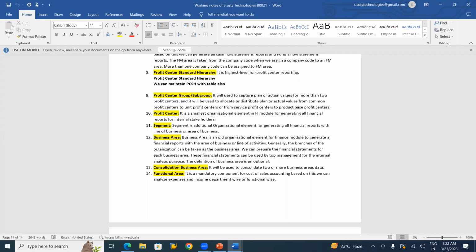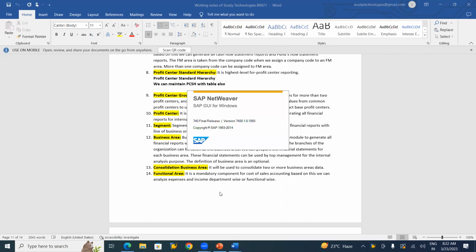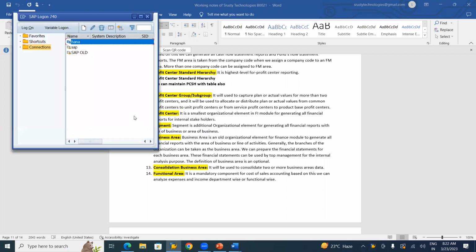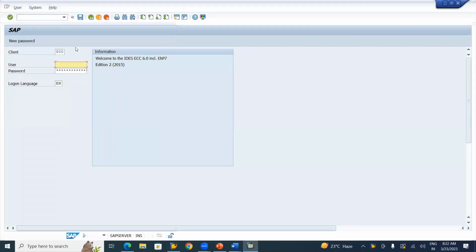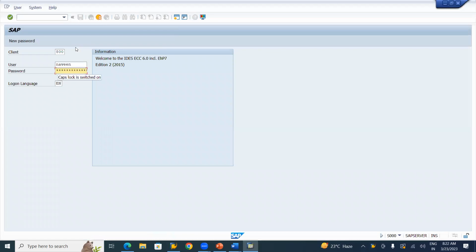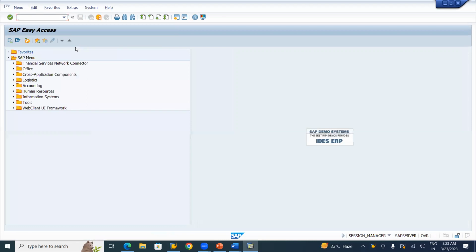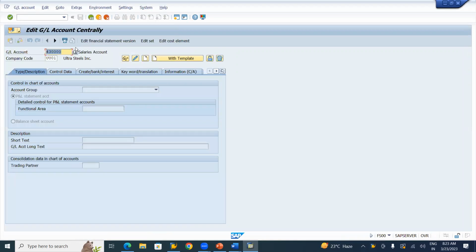Which functional area? I'll show you one example. See here, I want to create salaries.